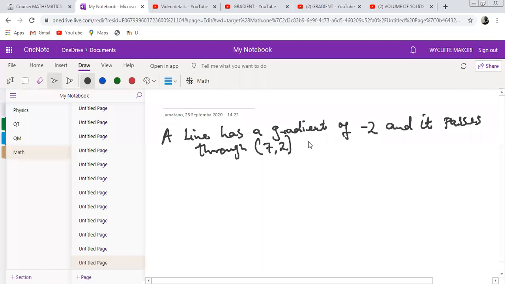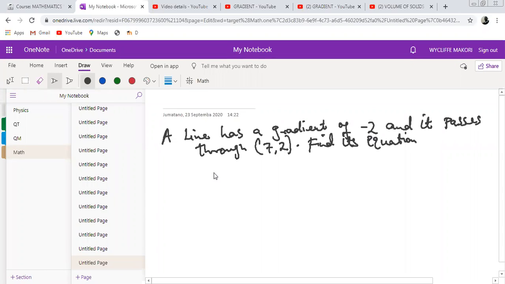Now you are told, find its equation. So in this case, you have been given an opportunity to do away with the first step. Already you have been given the gradient, so you don't need to calculate the gradient, and you have been given at least 1 point.